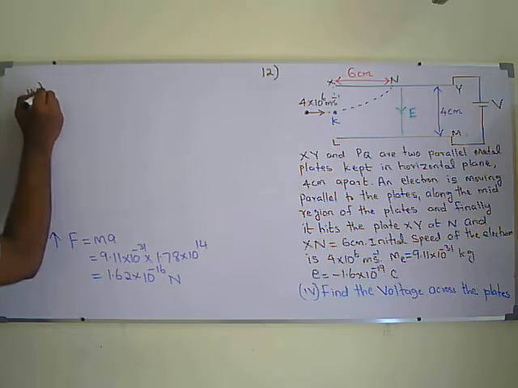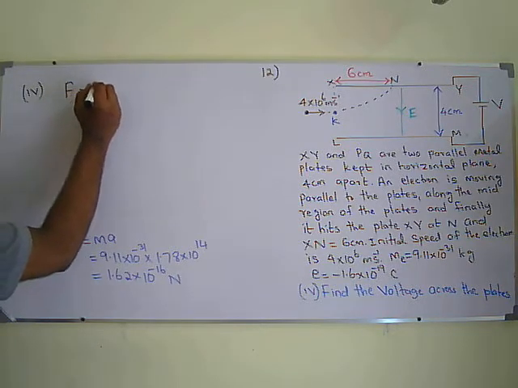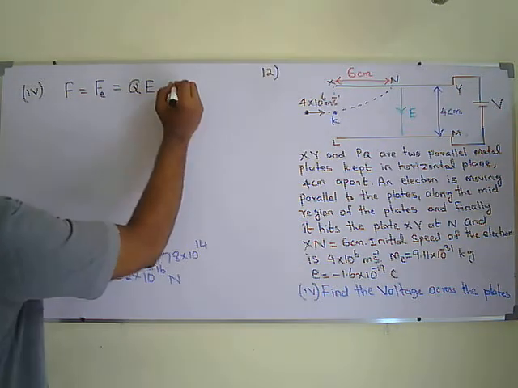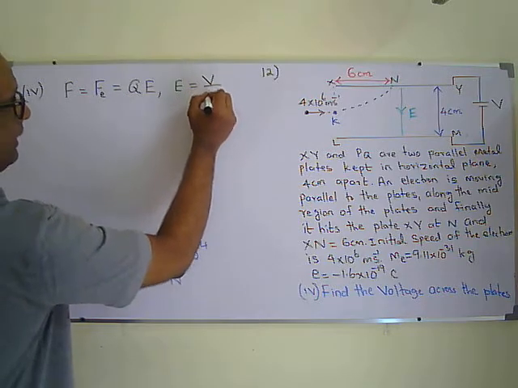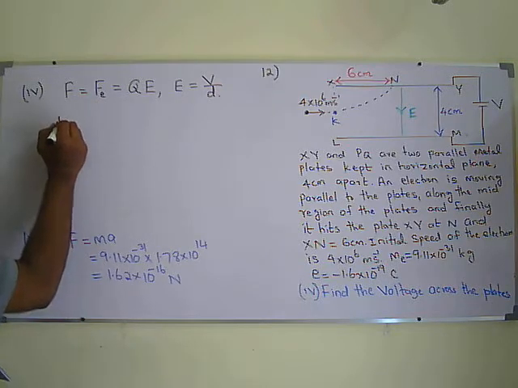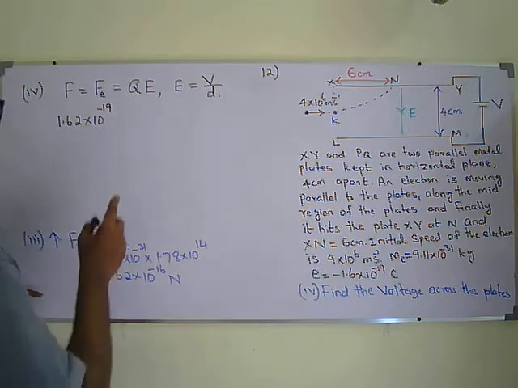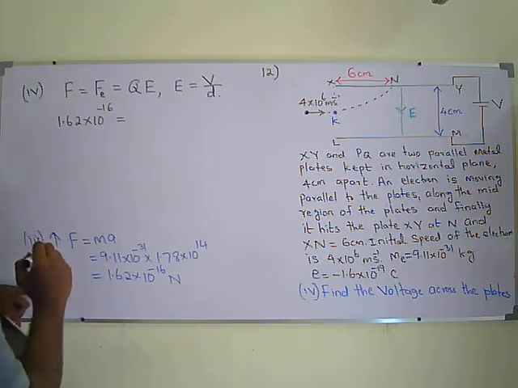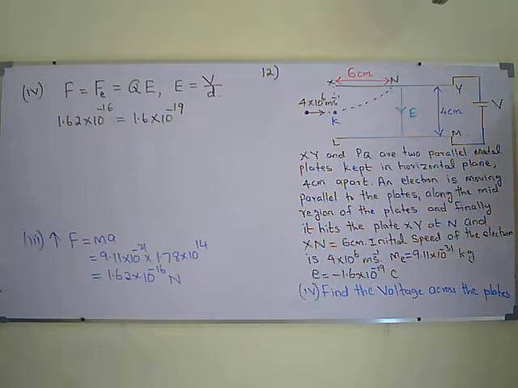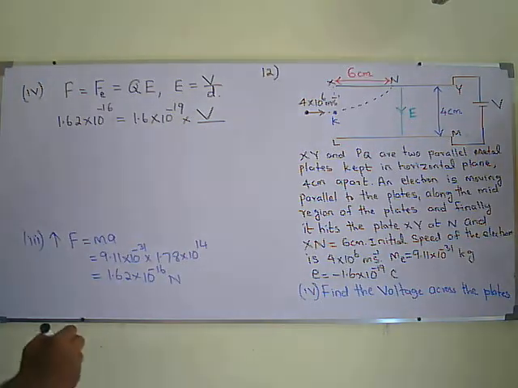So if I consider the fourth part, the resultant force will be the electrostatic force, that is F, which is equal to QE, but E equals V over D. So the electrostatic force is given by 1.62 times 10 to the power minus 16 equals the charge, 1.6 times 10 to the power minus 19, that's the charge of the electron, times the quantity we need to find.